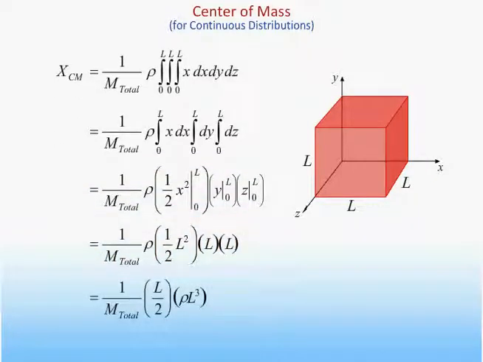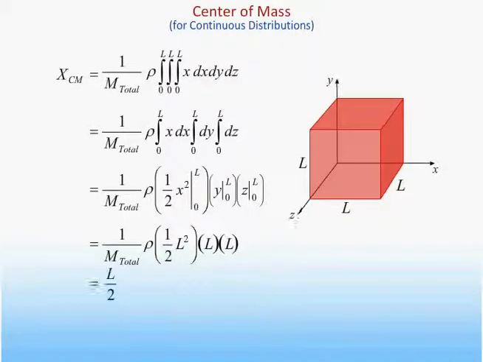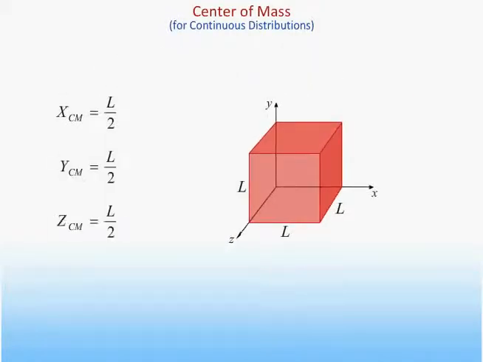Putting this all together and rewriting the product of the mass density and the volume of the box as the total mass of the cube, we get the expected result, that the x-coordinate of the center of mass of the cube is just equal to L over 2. The y and z component calculations are absolutely identical to the x component calculation, giving us the expected result, that the center of mass of the box is at its center.